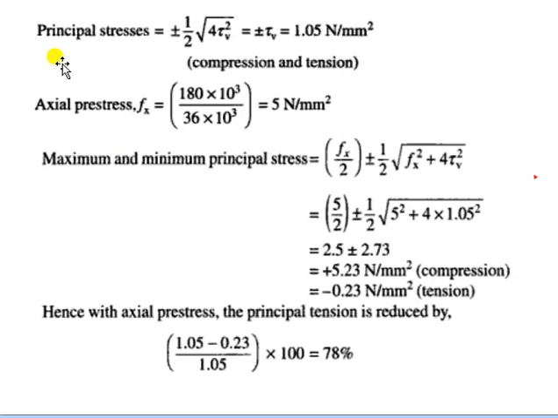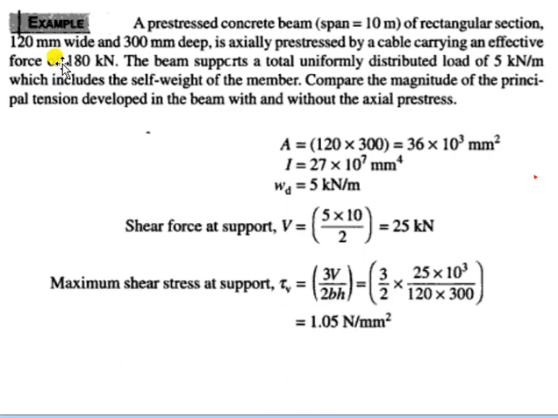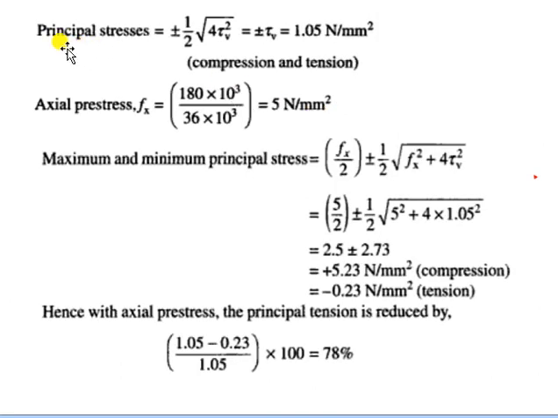Now coming to the first condition. What is the first condition? Compare the magnitude of principal tension developed in the beam without and with axial pre-stress. First I am going to consider the magnitude of principal tension developed in the beam without axial pre-stress. Without axial pre-stress means f of x is equal to 0 and f of y is equal to 0.